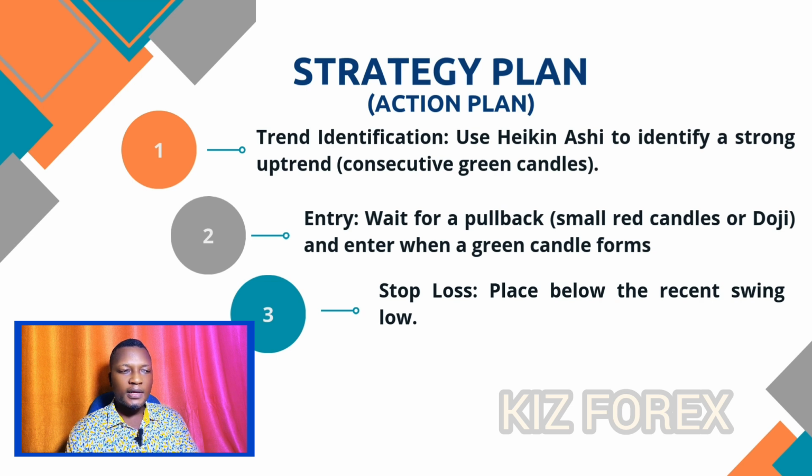Wait for a pullback with a small red candle or a doji and enter when the green candle forms. Number 3, your stop loss. Place your stop loss below the swing low or above the swing high. This should be your action plan when you're trading price action in Heikin-Ashi.